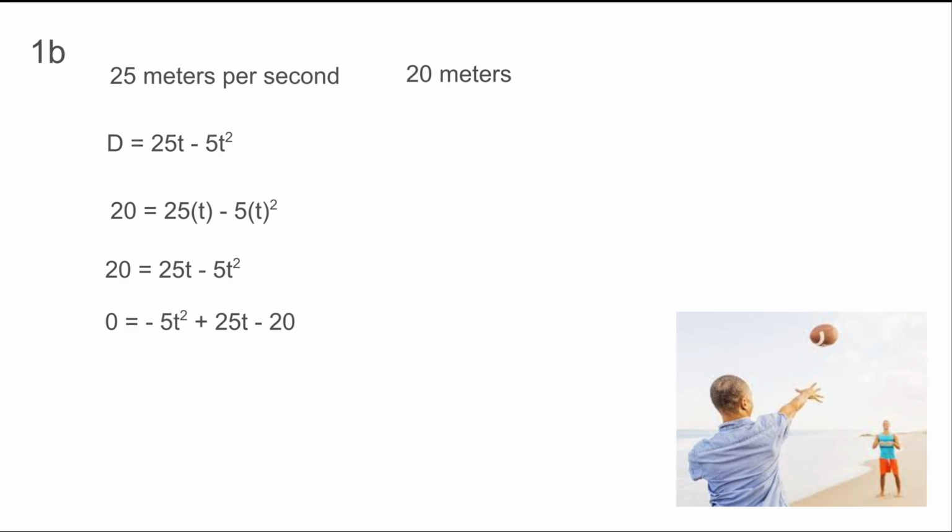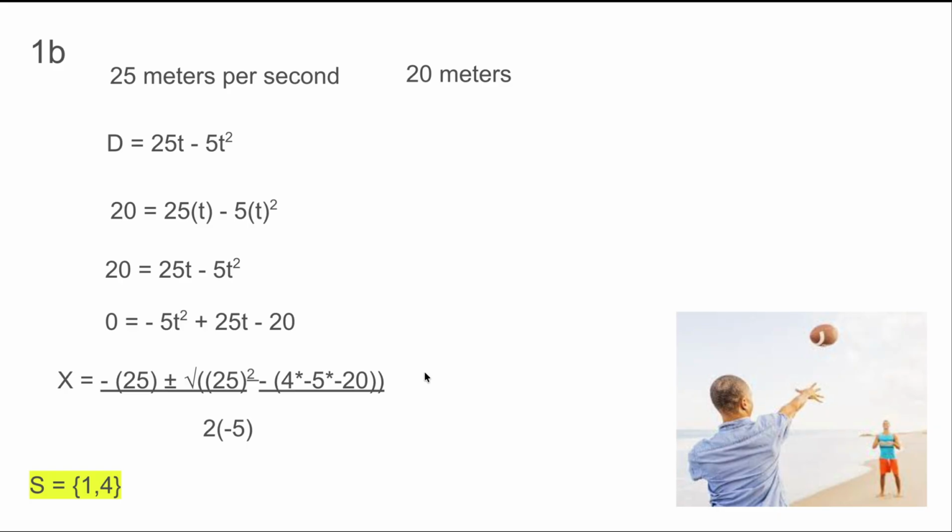And so we are going to solve this with our quadratic formula. So we're going to plug in x = (-b ± √(b² - 4ac)) / 2a. So we plug all of our numbers in. We hit enter.